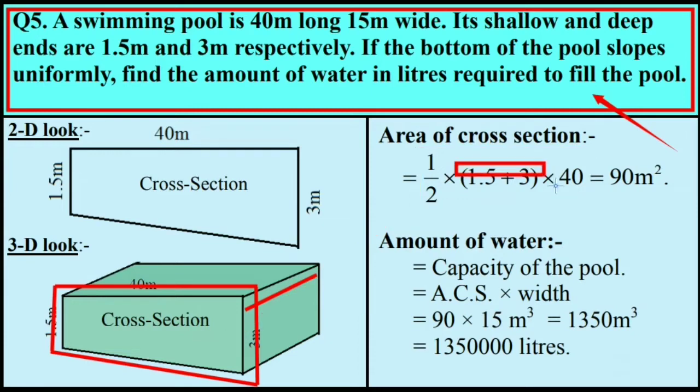In this formula, 1.5 meter and 3 meter are parallel sides of the trapezium, and 40 meter is the distance between the parallel sides. After simplifying this expression, the result obtained is 90 meters square, and that is the area of cross section of the swimming pool.